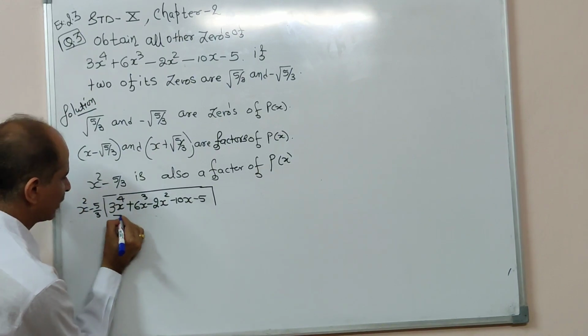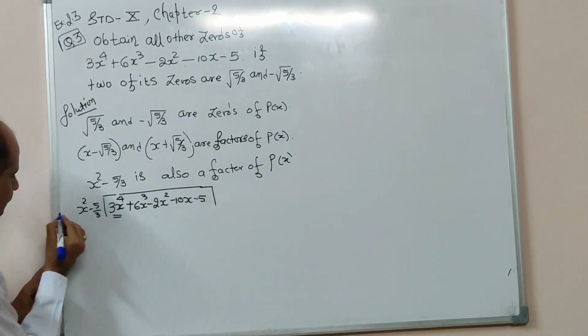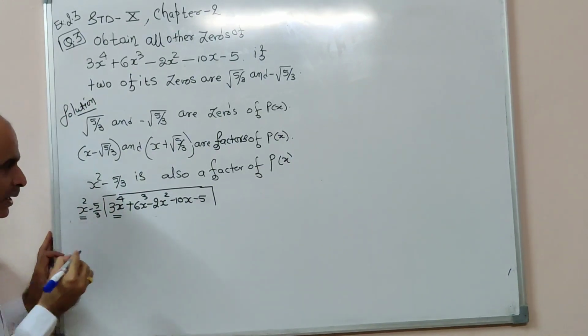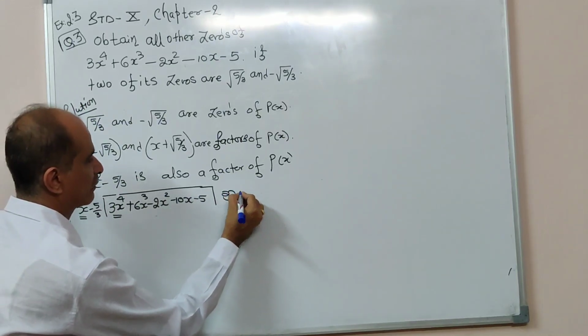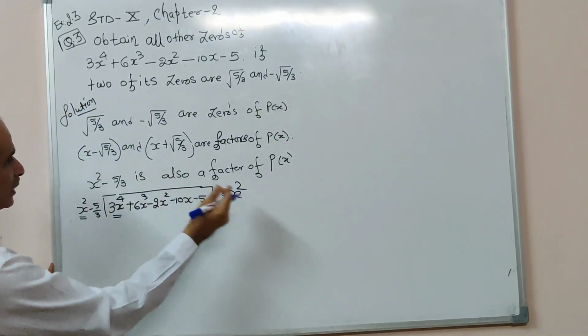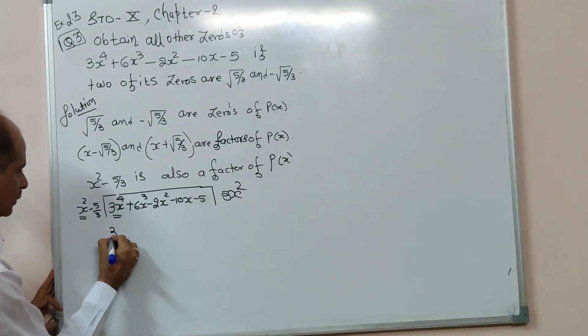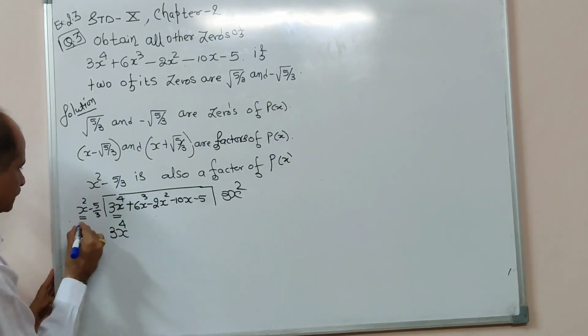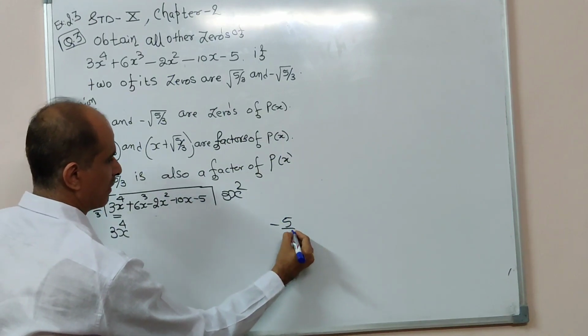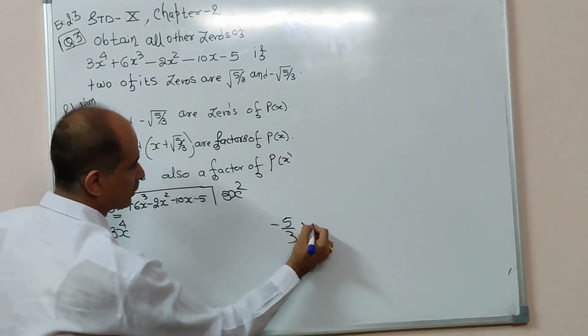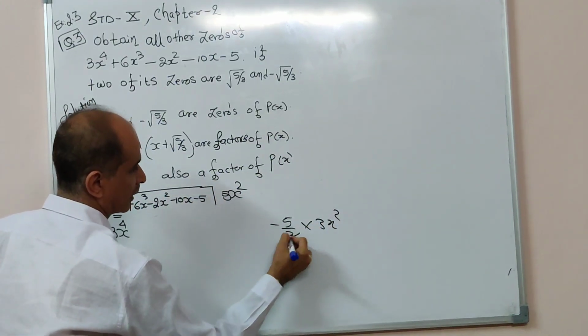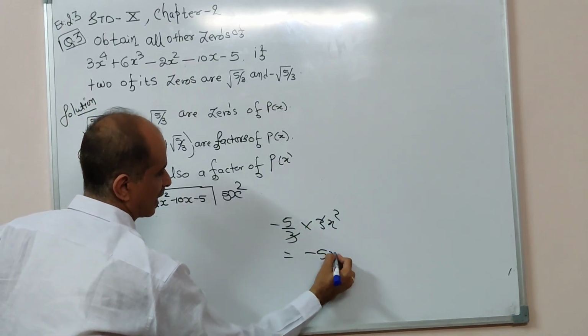Here 3x raised to 4 is given to you. In the divisor it is x square, so you have to multiply it with 3x square. When you multiply the divisor by 3x square, you get 3x raised to 4. Now minus 5 by 3 into 3x square, the 3 cancels out, you get minus 5x square.